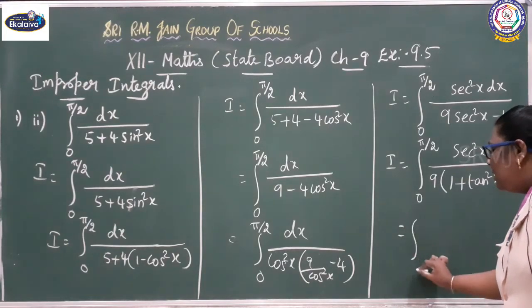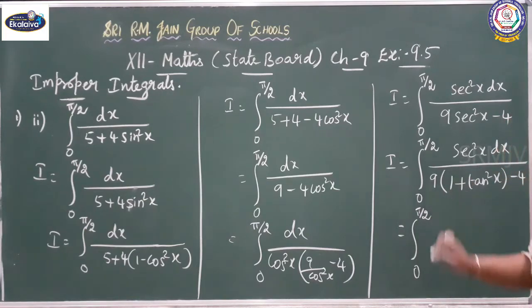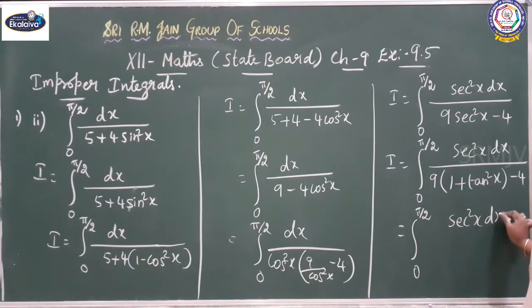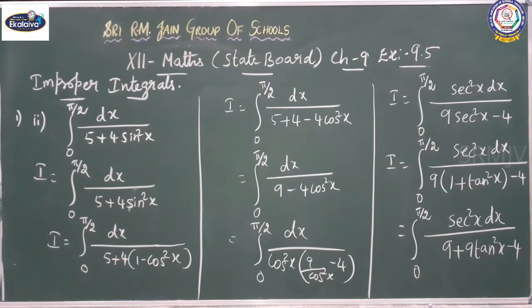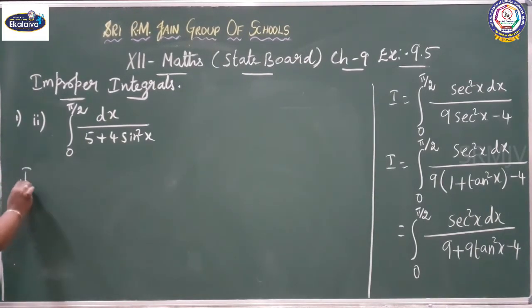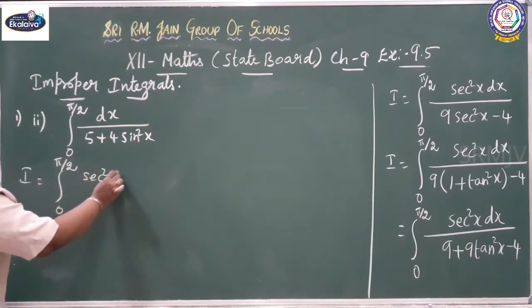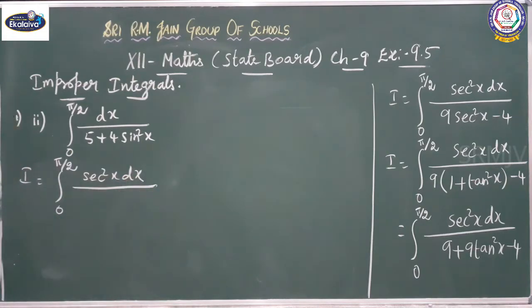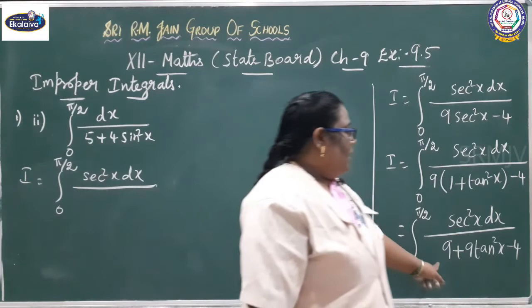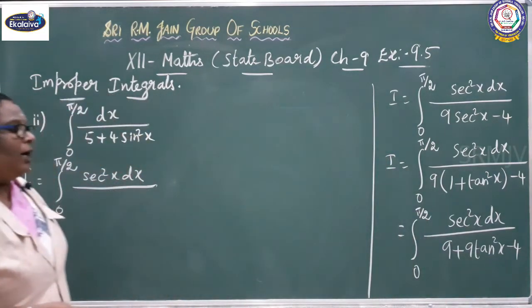So, it gives integral 0 to pi by 2 secant square x dx by 9 plus 9 tan square x minus 4. See, 9 minus 4 is 5.